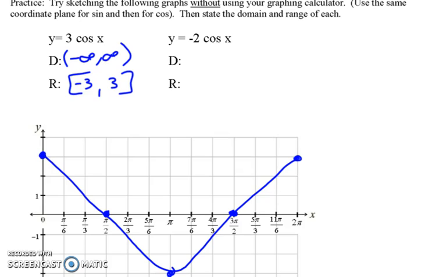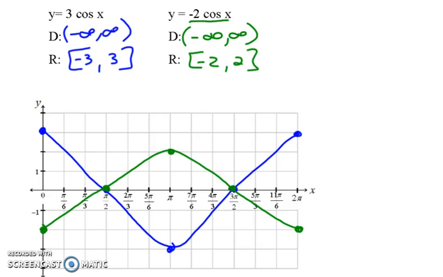Now, pause the video and try negative 2 cosine x if you haven't already done so. Press play when you're ready to continue. All right, in the second graph, notice the direction change and the stretch. Again, the points that are on the x-axis, here and here, are not impacted.